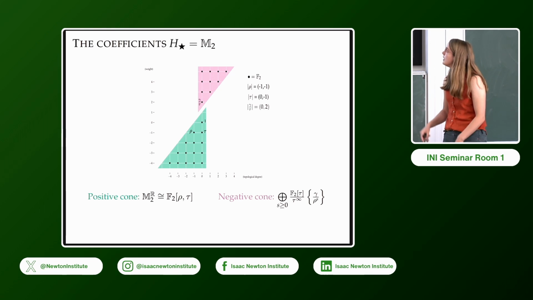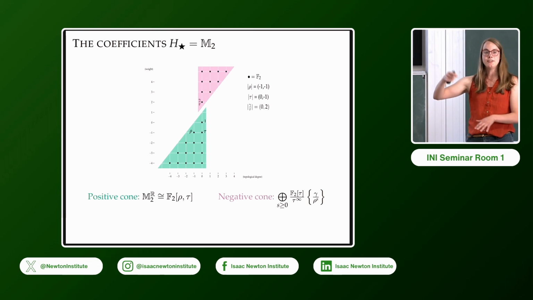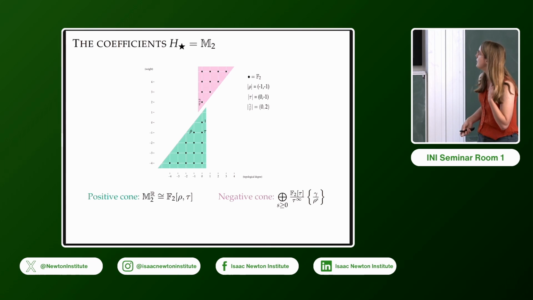So these are the homological gradings. And we also have a negative cone portion on a generator which we're calling gamma over tau, so almost imagining as if gamma lived at 1, 0, but it's actually not there. And the negative cone generator is infinitely divisible by both rho and tau.